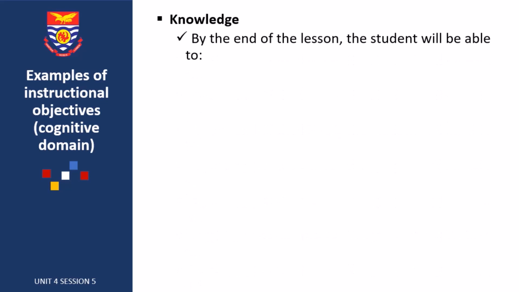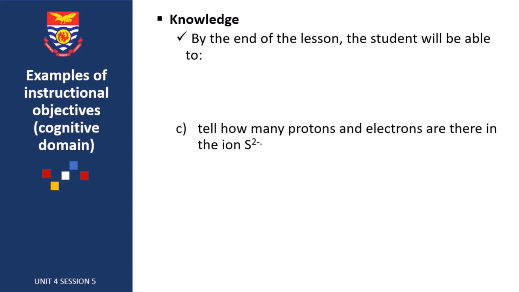So for example, stating an objective at the knowledge level, we have this: by the end of the lesson, the student will be able to: A. Define atomic radius; state why an anion is larger than its corresponding neutral atom.